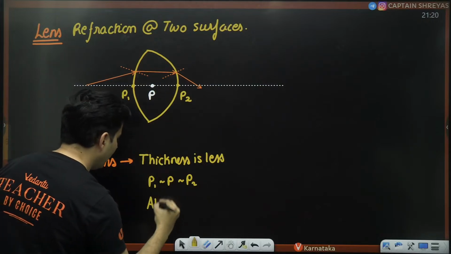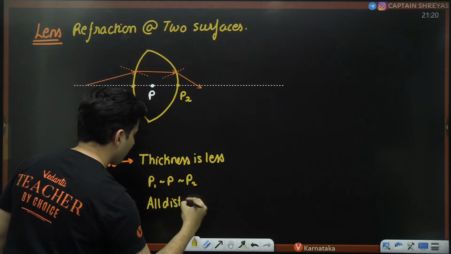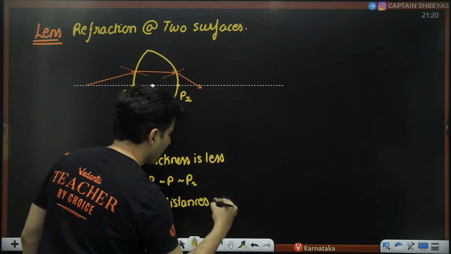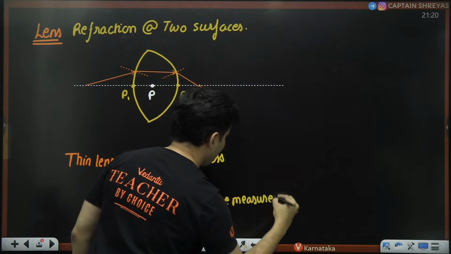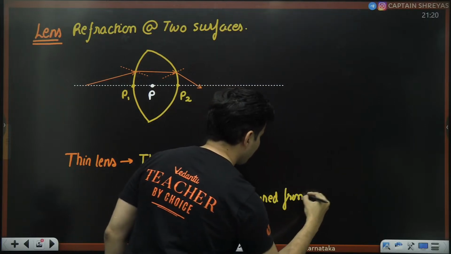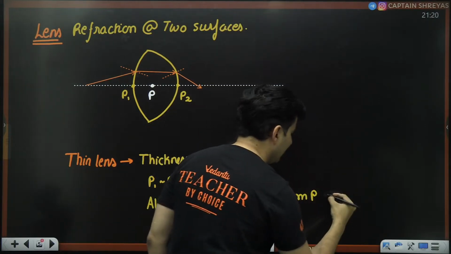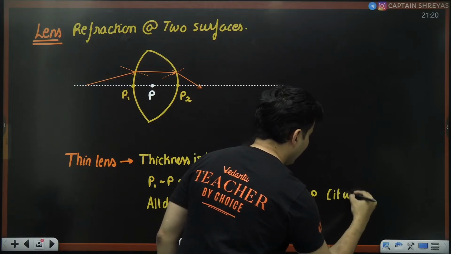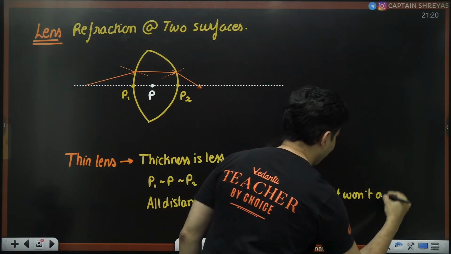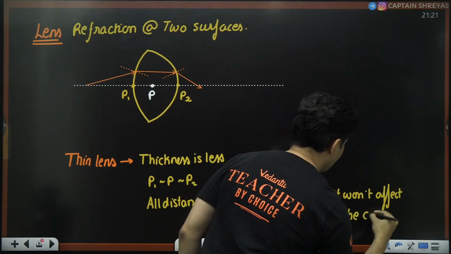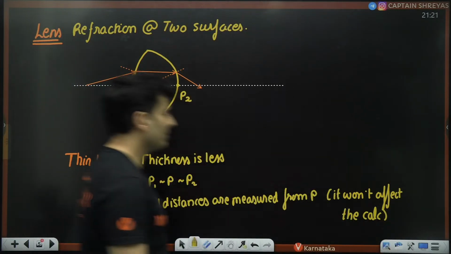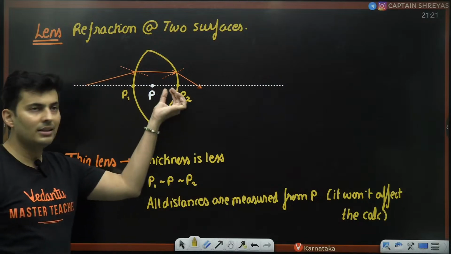That means all distances are measured from P, and it won't affect the calculations at all. So that is the advantage of using a thin lens.